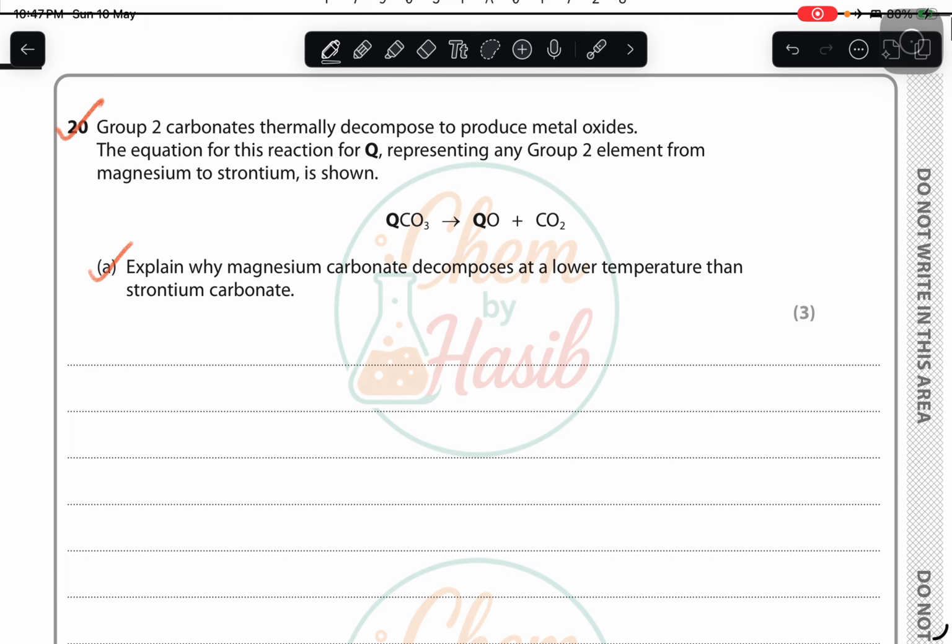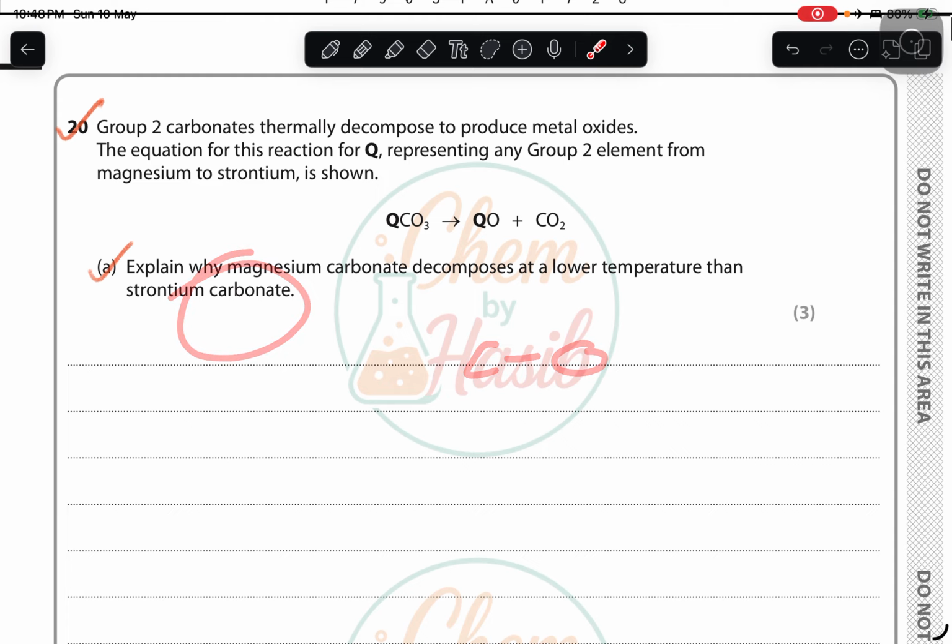And since the magnesium ion is smaller, it has a higher charge density. And that is why the magnesium ion would polarize the carbonate ion more. So the covalent bonds, which are the CO bonds within the carbonate ion, become much weaker than the CO bonds in strontium carbonate.